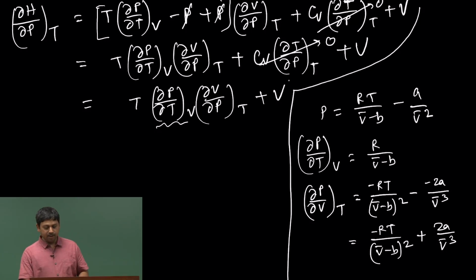It is del P by del V, we need just the opposite of that, so an inverse of that, right. Of course, we can invert that and put it in and get the expression, but let us take a simpler situation in which a is going to be 0.